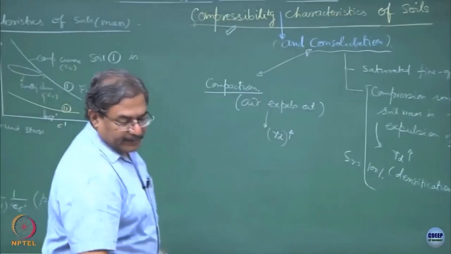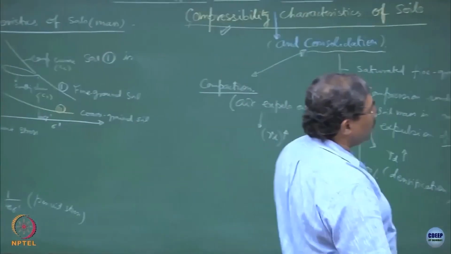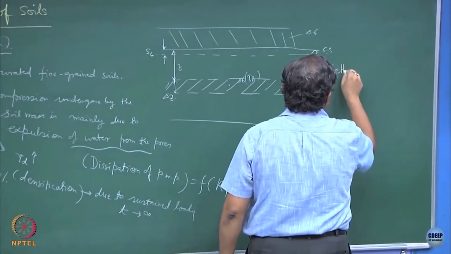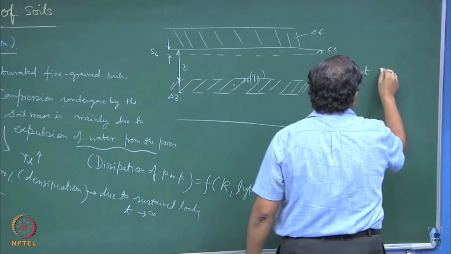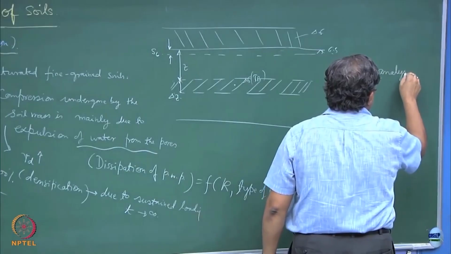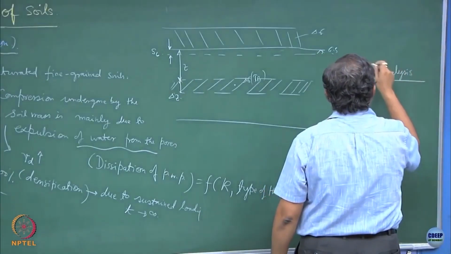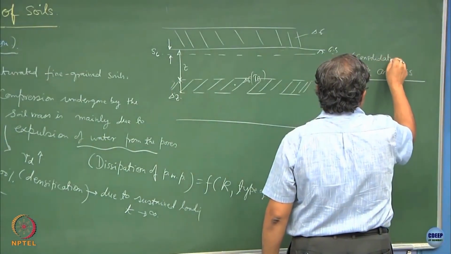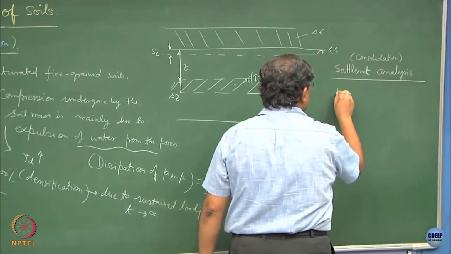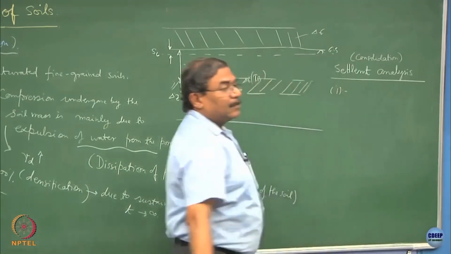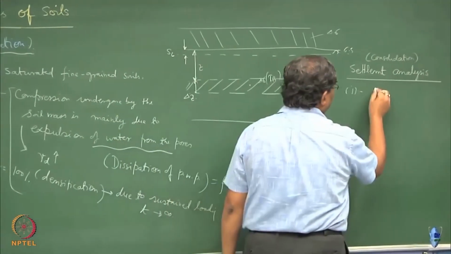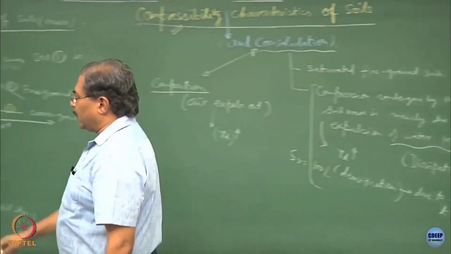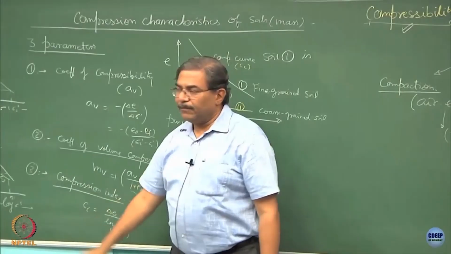So suppose if I say settlement analysis, and this settlement is because of consolidation. So one of the ways of doing the settlement analysis is to utilize CC, what we have written over here, compression index, clear.